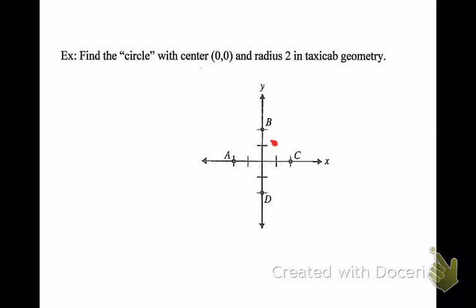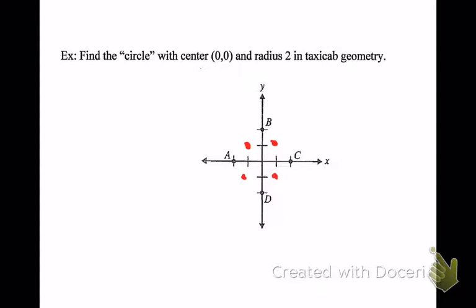What else? Give me another point on the circle. Sam? Yeah, 1 over, negative 1 down. All those combinations of positive and negative 1 and positive and negative 1, those are all taxicab distances of 2.